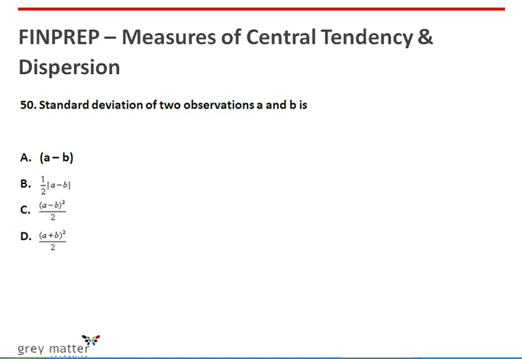So in general we can write it as half of modulus of A minus B, which says it is B option. Using the formula of standard deviation, and standard deviation needs to be positive also. So the final answer is B option, or half of mod A minus B.